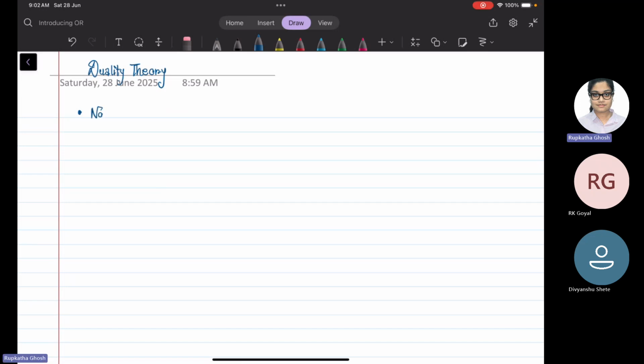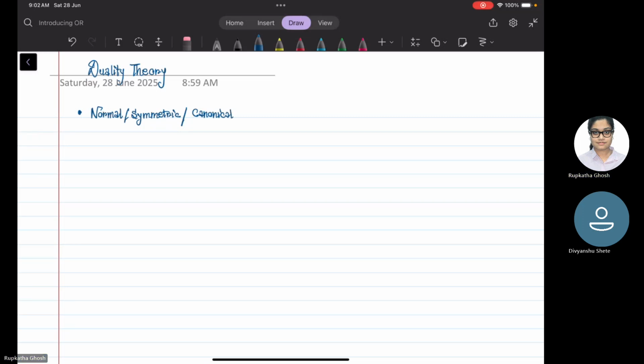Similarly, there is something known as a normal, or symmetric, or canonical form of a max problem.